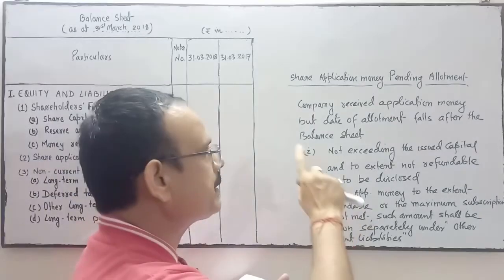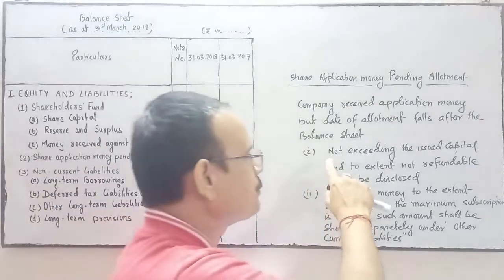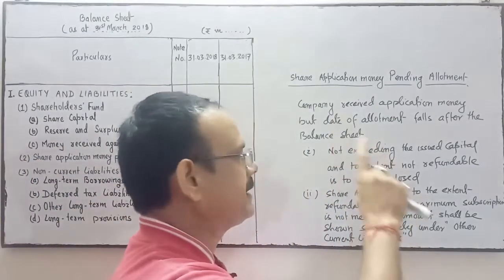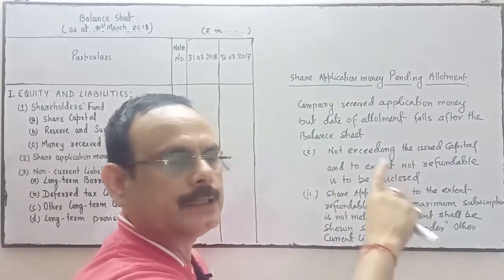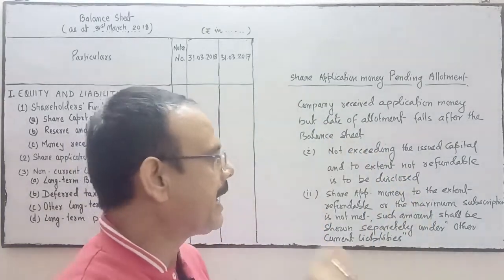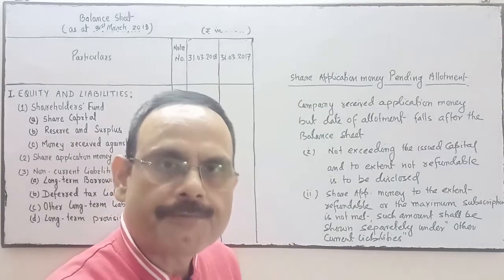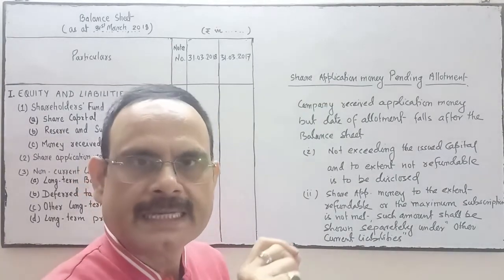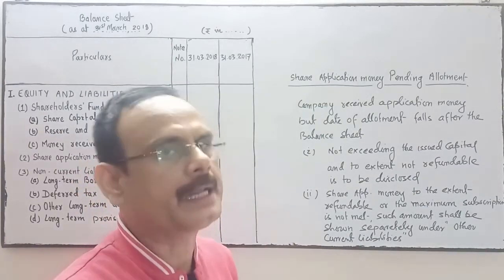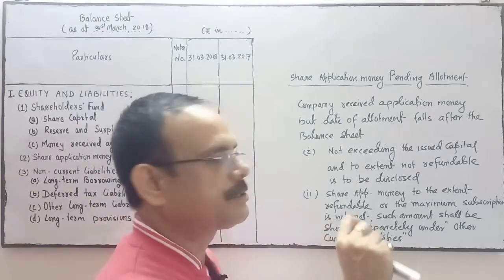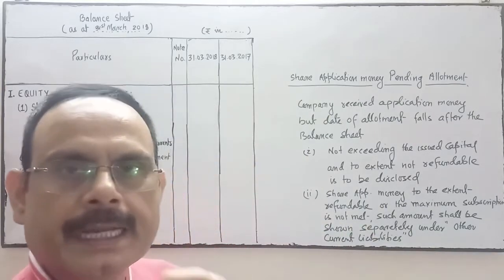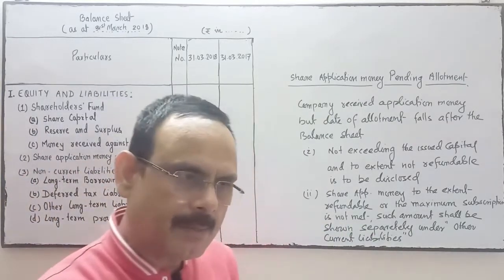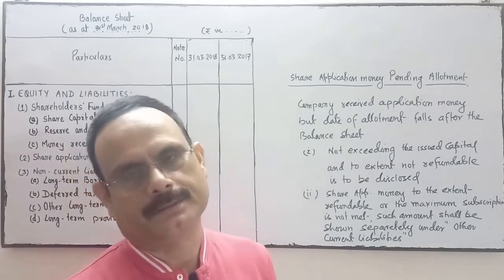So number one is application money received should not exceed the issued capital, and to the extent it is not refundable, it is to be disclosed. It means that amount is not going to be refunded.